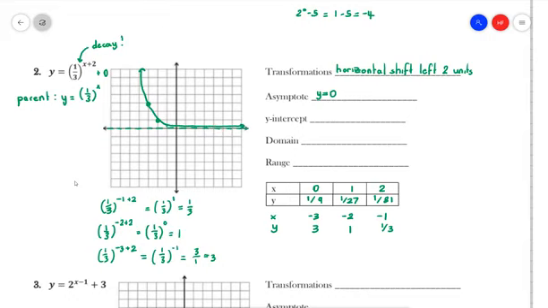So our y-intercept we found 0, 1/9. The domain is going to be all real numbers. And then our range, the y values can touch anything above 0 and nothing below 0. So our range goes from 0 not included toward infinity.